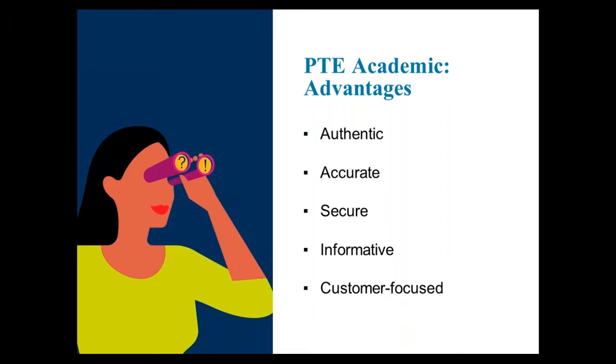It's informative. The PTE Academic Score Report contains detailed test taker performance data. And it's customer focused. From registration and booking the test to viewing and sending the scores, it's a simple and fully online process with testing globally over 360 days of the year around the world.